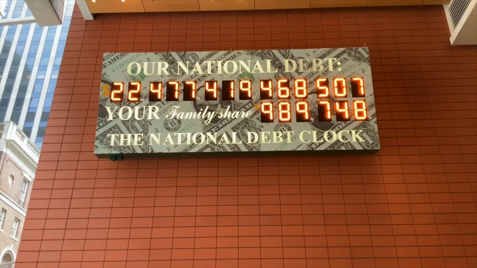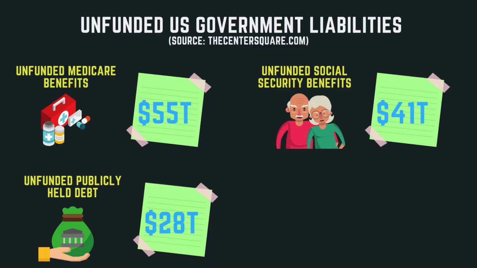Regardless of what it is called, public debt is the accumulation of annual budget deficits. It is the result of years of government leaders spending more than they take in via tax revenues. Unfunded US government public debt is about $28 trillion as of now.